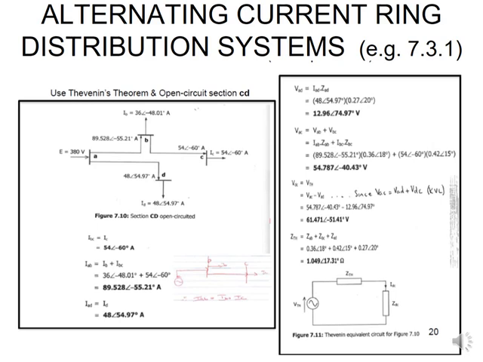Then we go and work out what our Thevenin impedance is going to be. And our Thevenin impedance is simply going to be our ZAB plus our ZBC plus our ZAD. And we are able to get that.